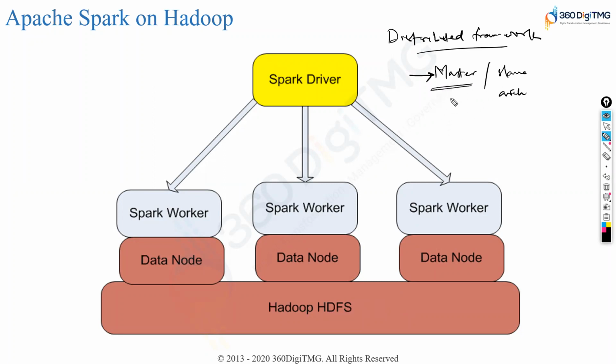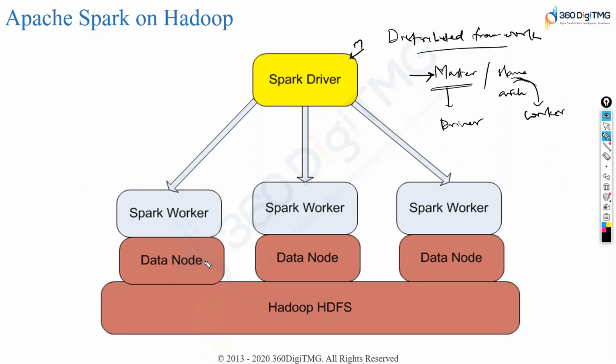Now, the master in Spark is known as the Spark driver. This marked in yellow is your master. And the slave components, you'll have multiple slaves, multiple data nodes. These are called the worker nodes. Master is driver, the slaves are workers.